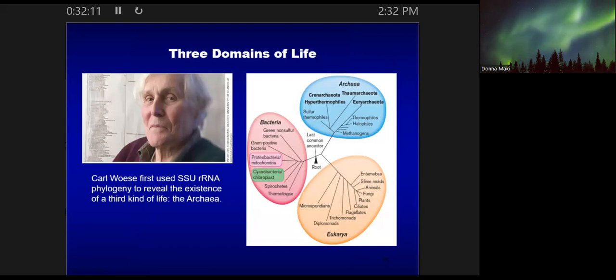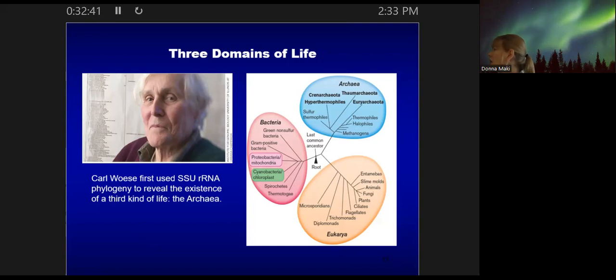He was the one who really started to realize, through his pioneering work, where he said, why don't we take SSU, that stands for the small subunit of ribosomal RNA, and use it as a comparison across all living organisms, and let's see how it pans out. It's a good tool to look at phylogeny and relatedness.